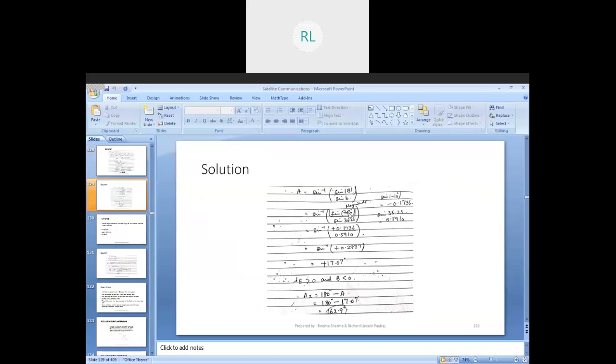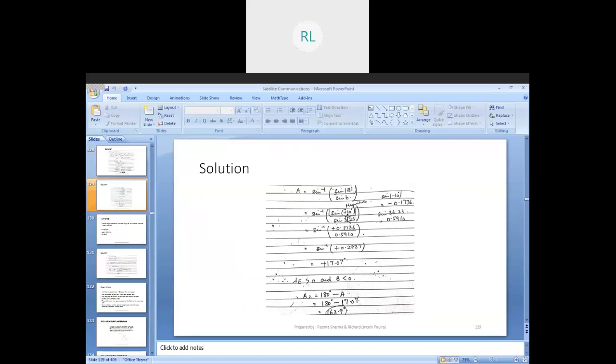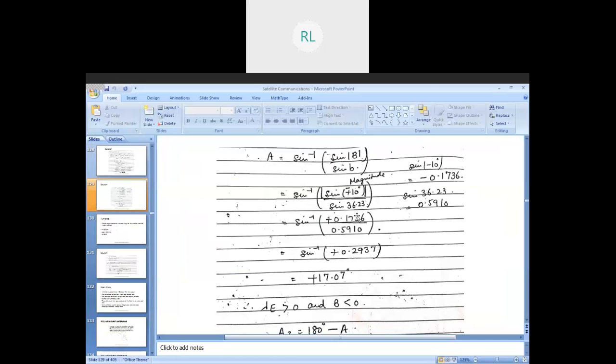We are using this formula here. B is equal to phi e minus phi SS, and b is equal to cos inverse of cos B and cos lambda e. So this small b is what I have obtained here. That's why it's important for you to note down the formulas. This is how I got my small b. Capital B is this.